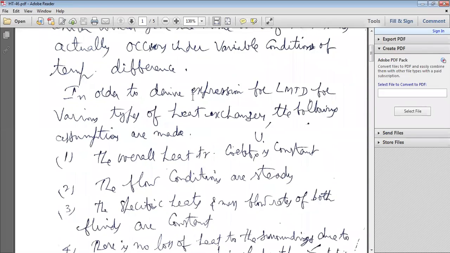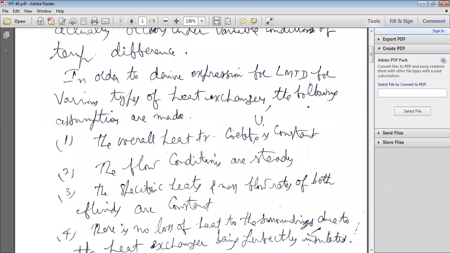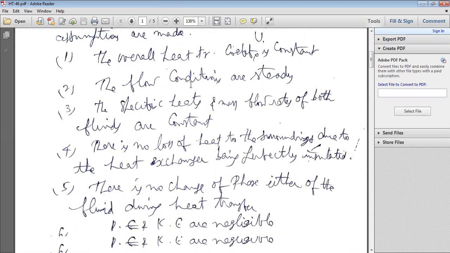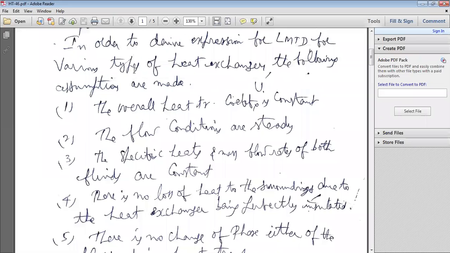Log mean temperature difference. So in order to derive the expression for LMTD for various types of heat exchangers, that is parallel flow heat exchanger, counter flow heat exchanger, or cross flow heat exchanger, you have to follow some assumptions. The following are the assumptions while deriving the equation for log mean temperature difference.